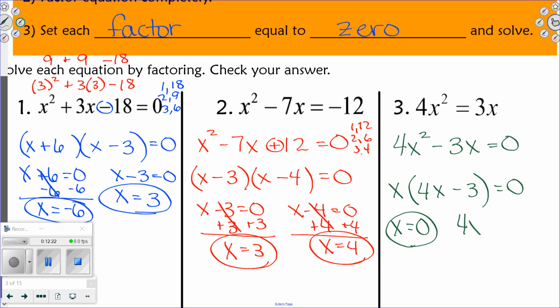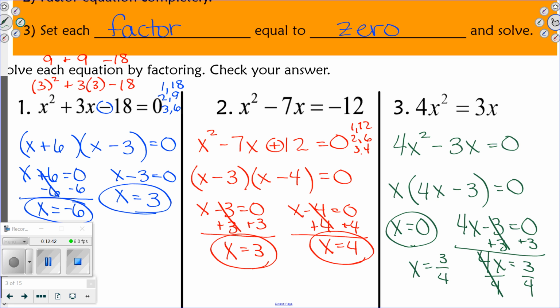Or 4x minus 3 equals 0. And then I just have to solve that side. So we'll add 3. So 4x equals 3. Divide by 4. And x equals 3/4. So I found my 2 answers.